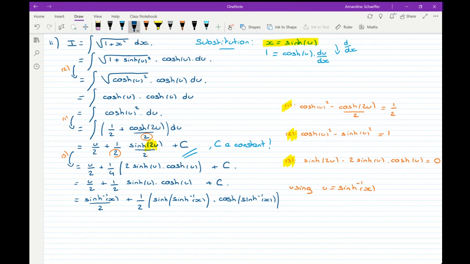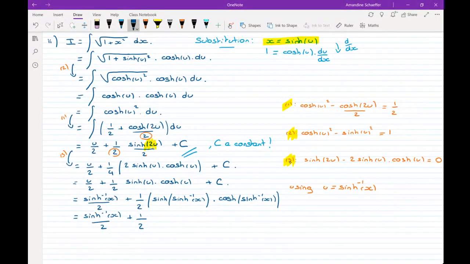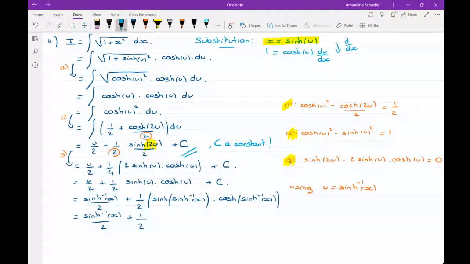Okay, and one more part. So this one, I'm just gonna keep it. Now here we have sine of sine -1 of x, and this is just x.